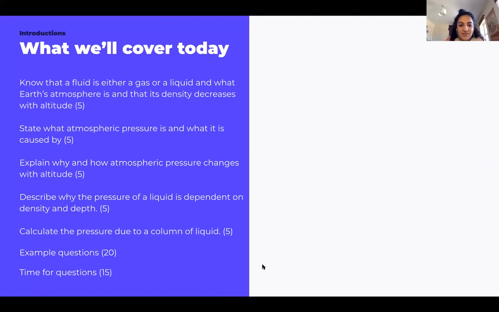Learn about what atmospheric pressure is, and how it changes with altitude, describe why the pressure of a liquid is dependent on density and depth, talk about the equations that govern that, and then be able to use those equations to calculate the pressure due to a column of liquid. Then we'll have hopefully 20 minutes for past paper questions, and then your questions at the end.